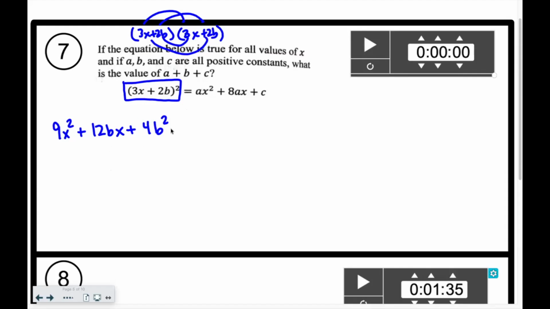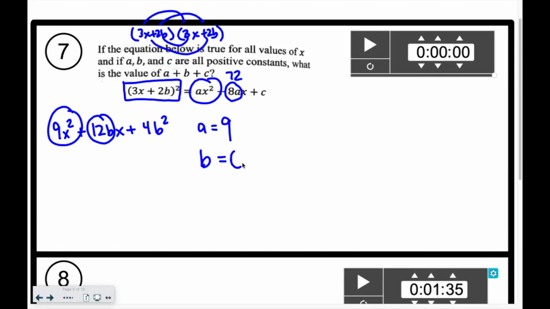So if you can get right to here, then it's pretty straightforward because I see that A is 9, because the coefficient of x squared has to be 9. Now B, well, if A is 9, then this becomes 72. So then this has to be 72, and therefore B is 6 because 12 times 6 is 72.